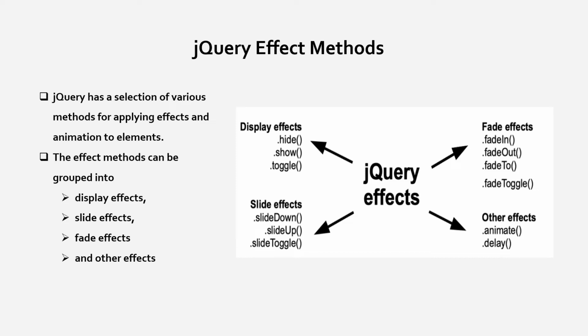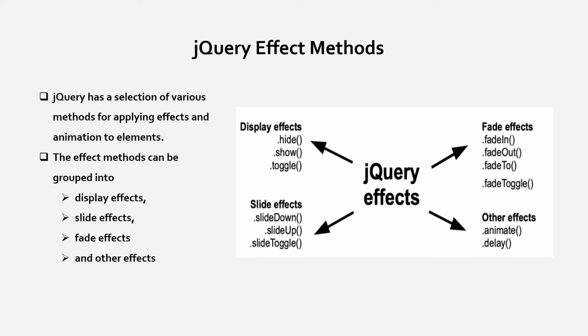Some effects like hide we discussed earlier, some examples we have seen using hide. So hide will come under the display effect. One more thing is show, so once something is hidden, the show effect will show that thing. Toggle is toggling between hide and show.